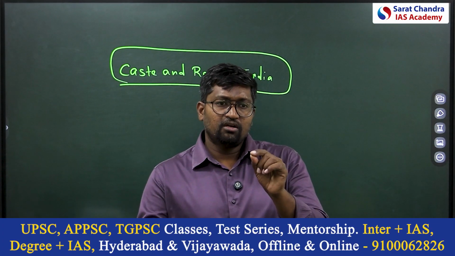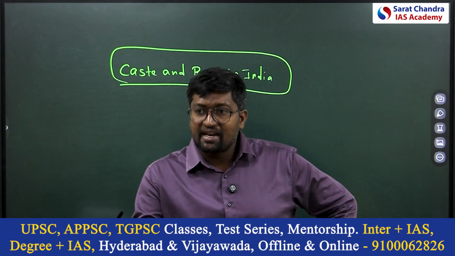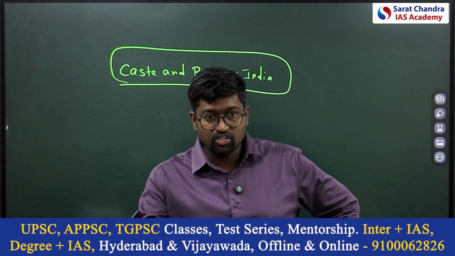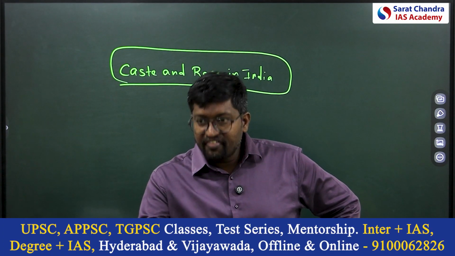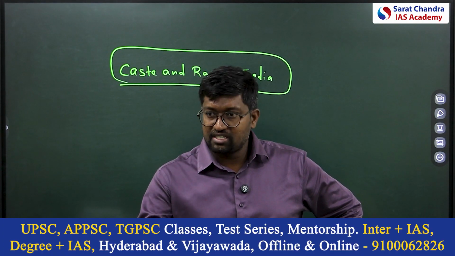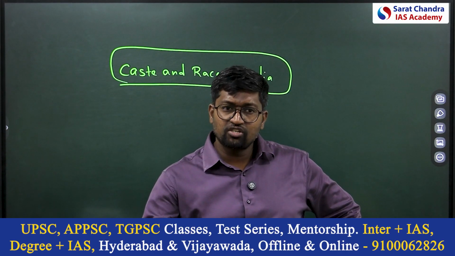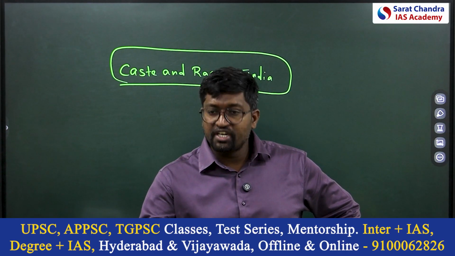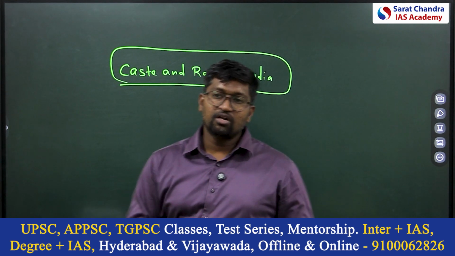First of all, what do you understand by race? Race is based on biological features. If you are differentiating based on biological features, that is what we call a race. White, black, you understood. Caste is based on purity and pollution, based on hierarchy. Okay, that is caste.